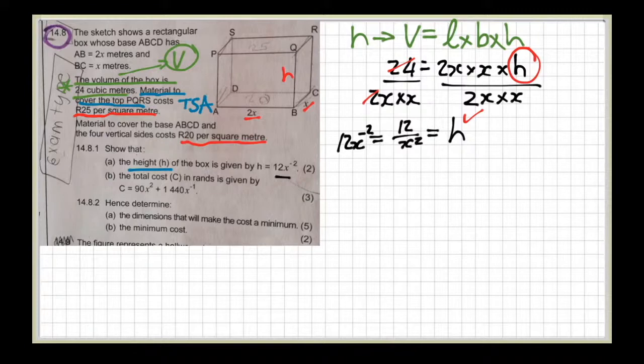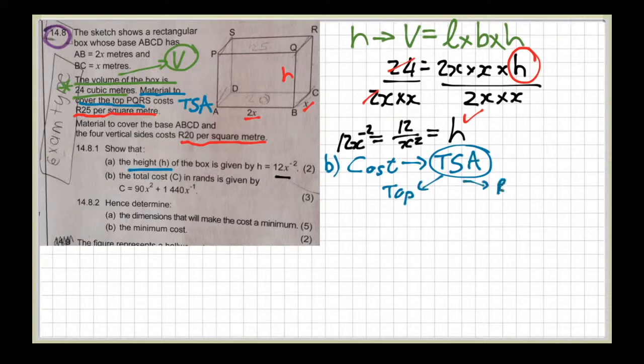So the B part asks the total cost. So now they are asking me to find, at the B part, cost. But for me to get cost, I need the total surface area of the shape. But here is a bit of an issue now, because the surface area is priced at different rates. I'm going to split up the surface area into the top part and the rest.